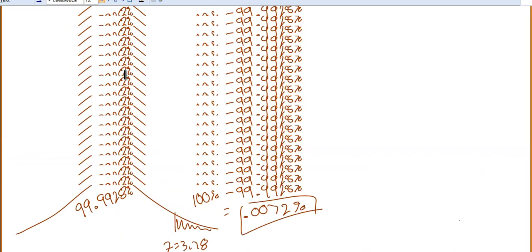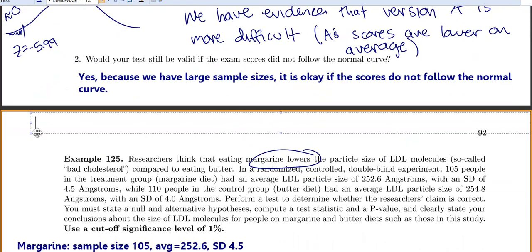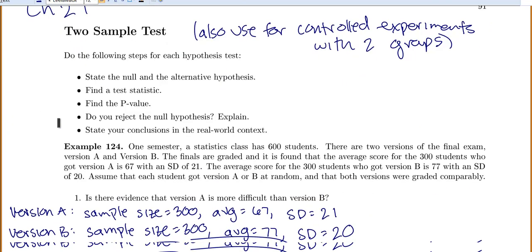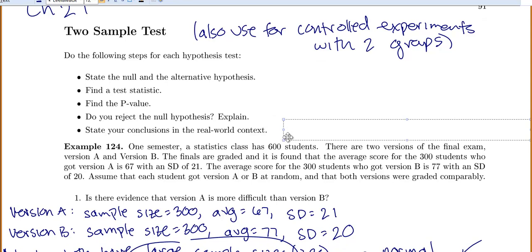Whereas the previous two examples, the margarine one was a controlled experiment with two groups, and the first one was also a controlled experiment with two groups.